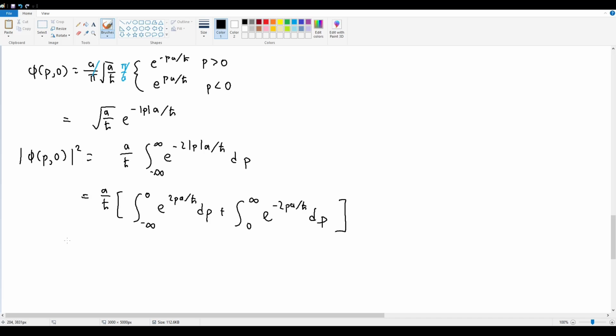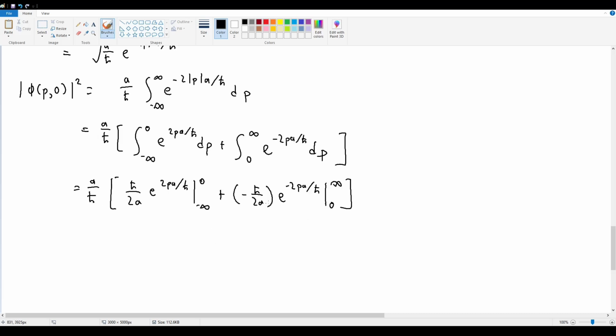In which case, if we do this integral, this is going to be h bar over 2a e to the 2pa over h bar, going from negative infinity to 0, plus negative h bar over 2a e to the negative 2pa over h bar, integral 0 to infinity. Okay, I can factor out an h bar over 2a, so a over h bar times h bar over 2a.